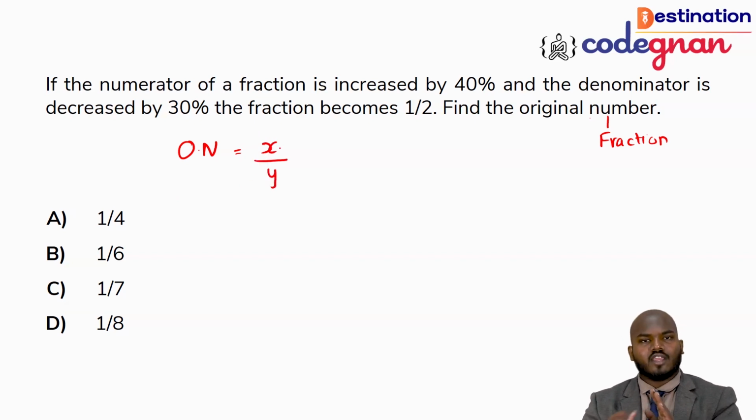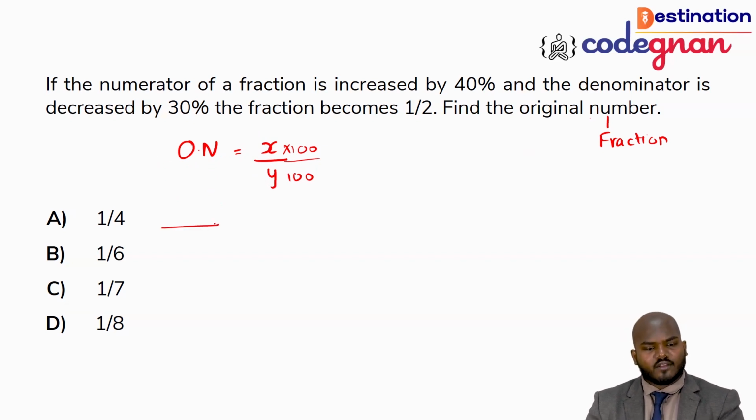If you want, you can call it 100x and 100y. That is your wish. Okay, I'll call it 100x and 100y. No issues, because we are following 100 as the initial value for the numerator and the denominator.